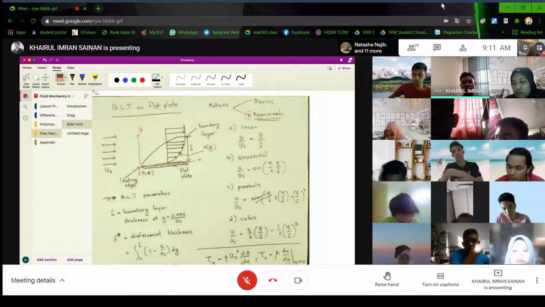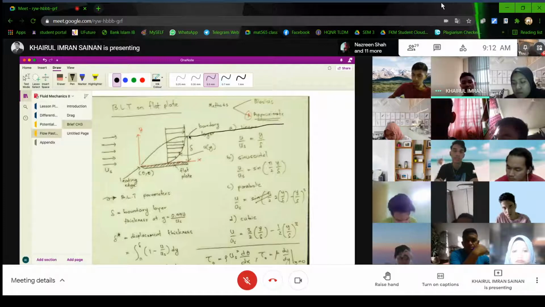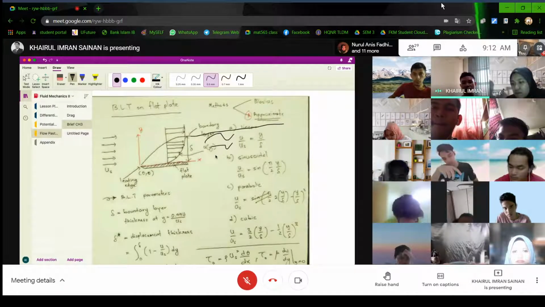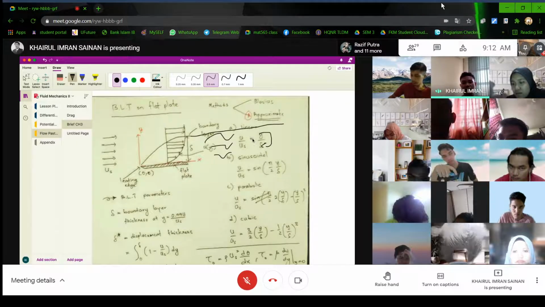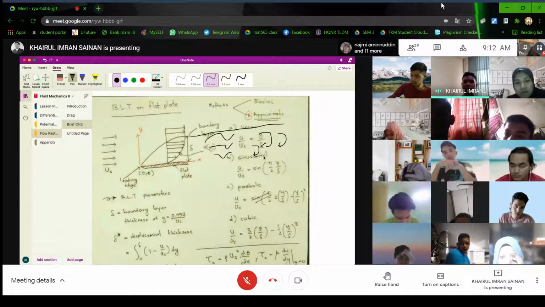It's still going to be like this, growing. But the thing is, here is laminar. Here the flow becomes transition. And this one is where the flow underneath the boundary layer becomes turbulent.